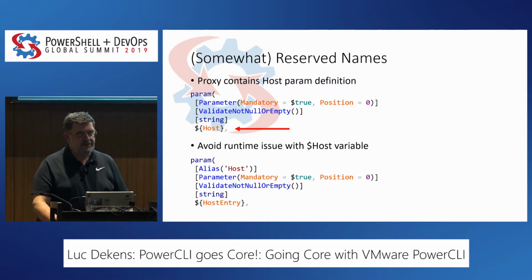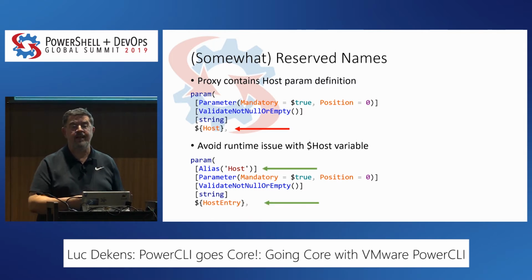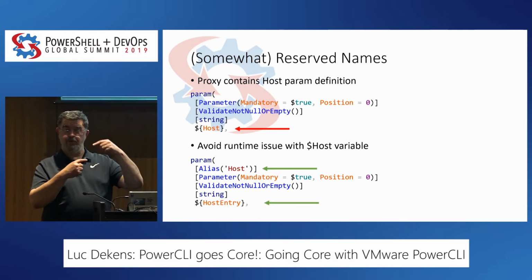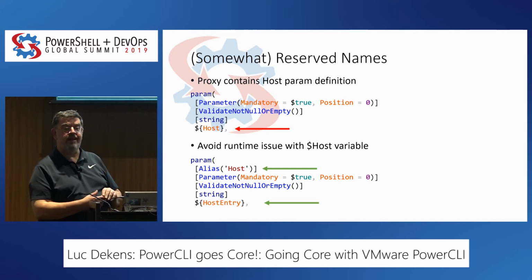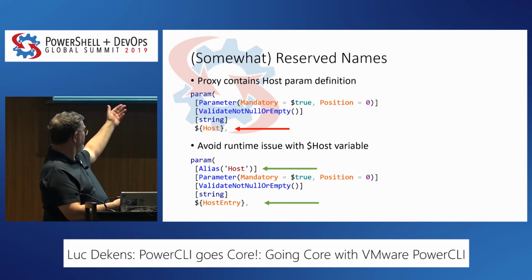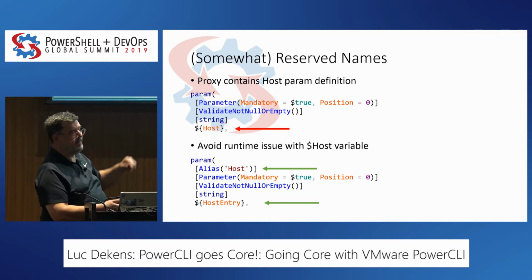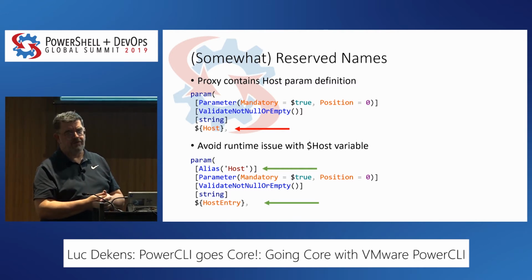But we can easily replace that. Each parameter, as you know or don't know, can have an alias name. So you can have multiple names for a parameter. In this case, I just moved host to the alias, because apparently it doesn't check the aliases. It only checks the actual name, and that one I gave a new name, HostEntry in this case, whatever you want to call it.